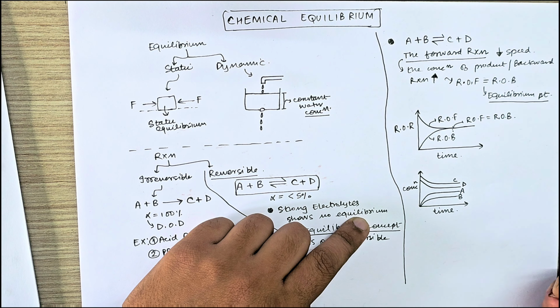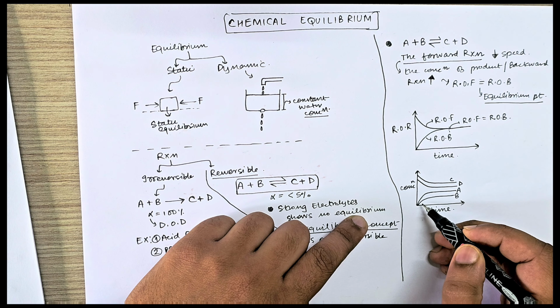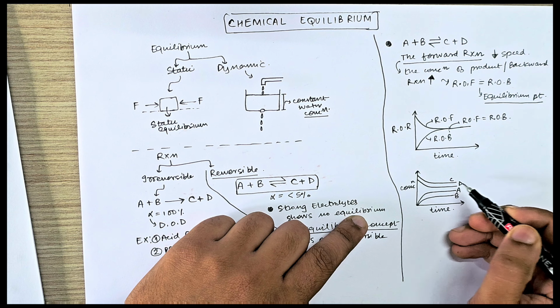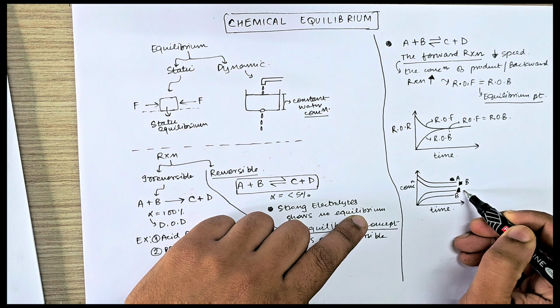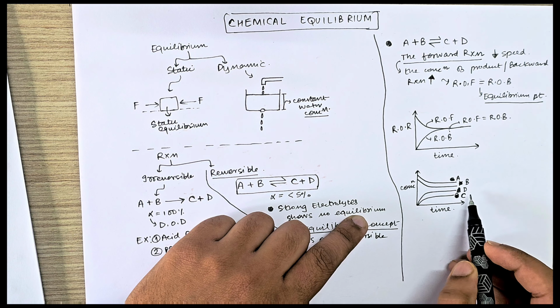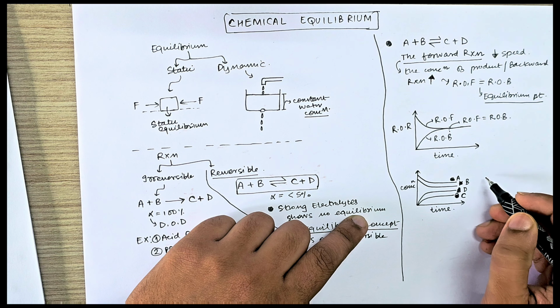This is for B, right? And the concentration of the product, oh, I'm very sorry, this is A and this is B, and this is D and this is C. So you can see the product concentration is increasing and becoming constant.